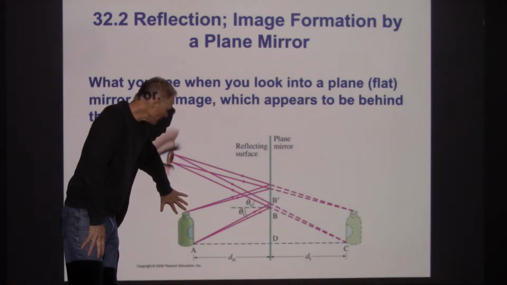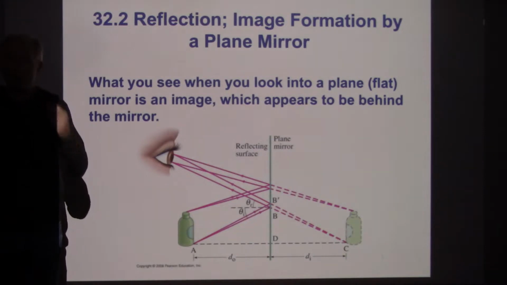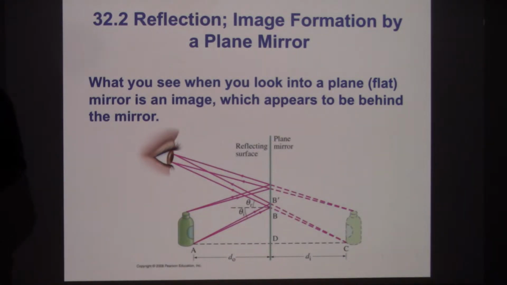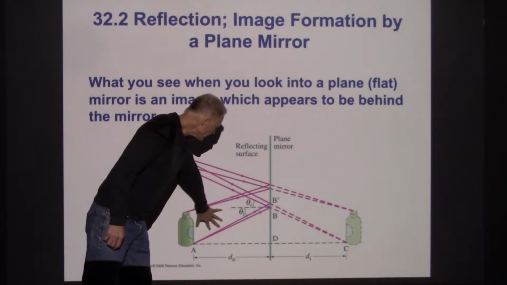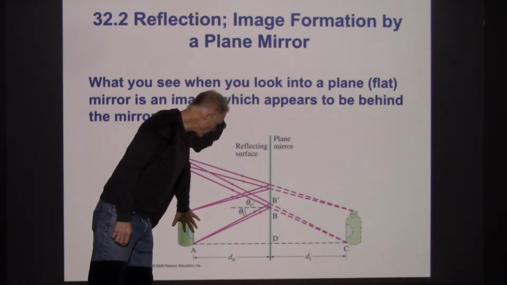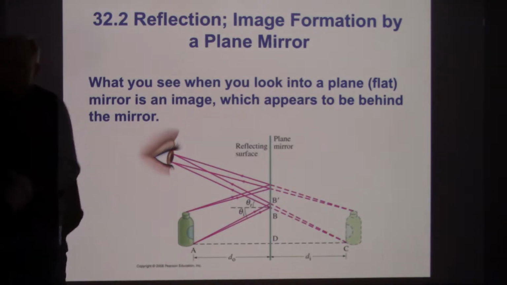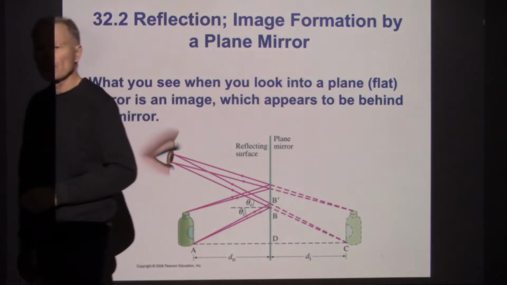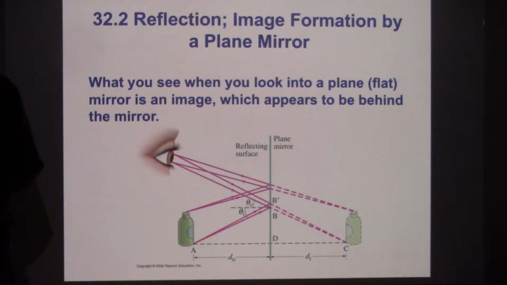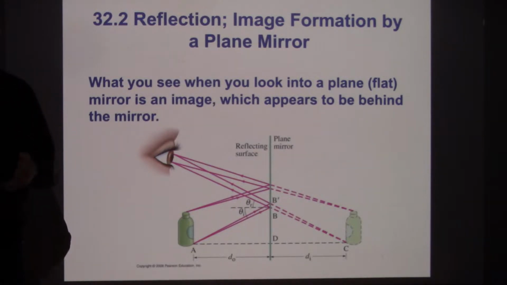Now, funny enough, we'll also see examples of what we call real objects and virtual objects. This is a real object, and that's because the light is coming away from the real object. But what we'll find is if we have a series of mirrors, or in the next chapter we're going to introduce lenses, if we have a series of mirrors and lenses, for each mirror or lens, we start out with an object, and then the light gets reflected, and we end up with an image.